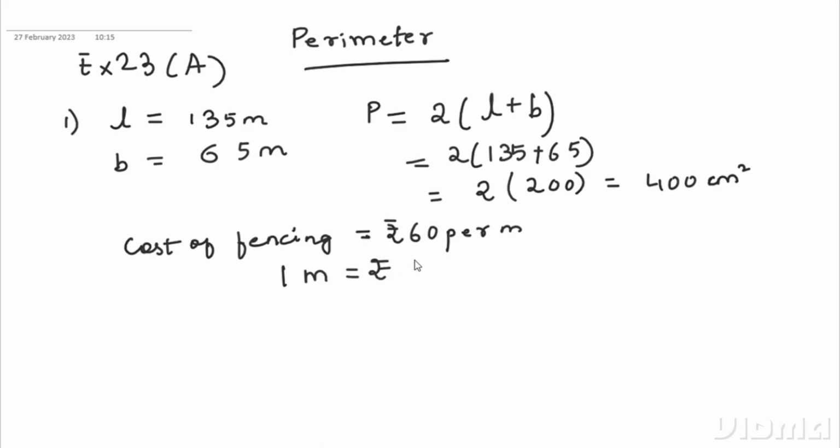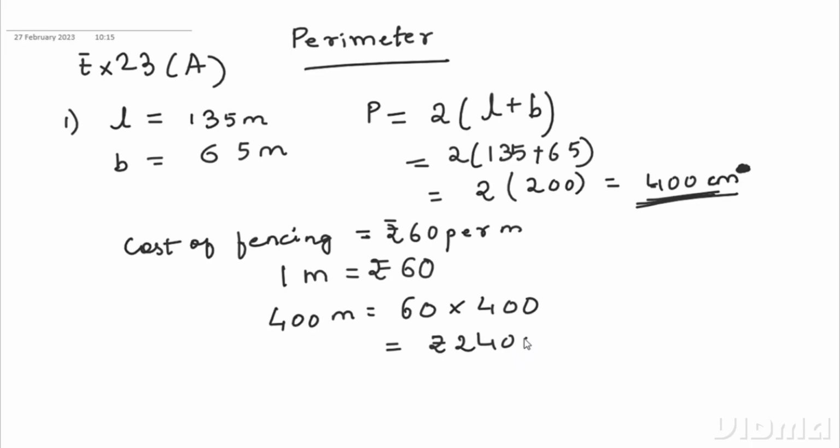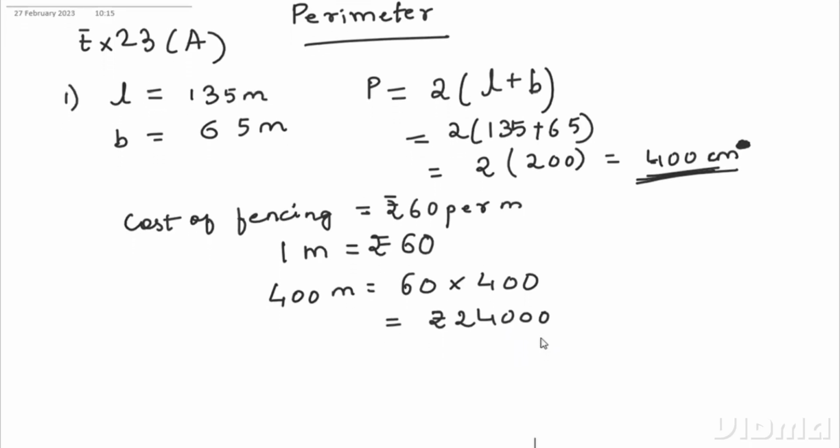I want to fence this complete perimeter of 400 meter. For 400 meter, it will become 60 multiplied by 400. So that will give you the total cost as rupees 24,000. So this is the first question of exercise 23A.